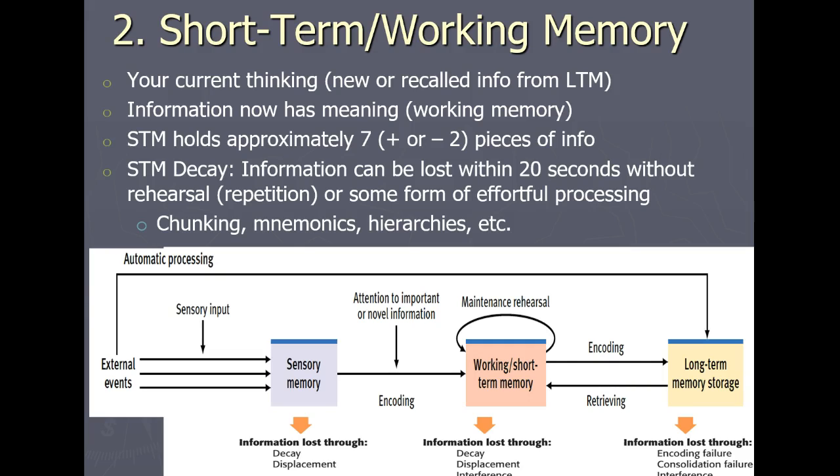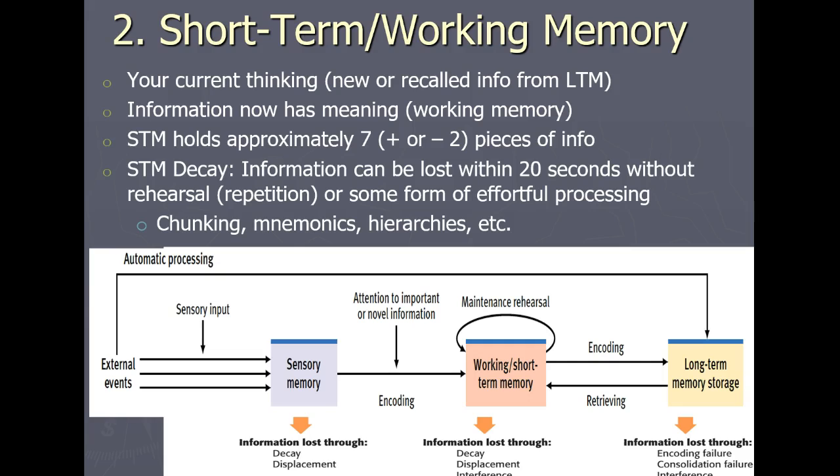The reason it didn't make sense is because a teacher could speak a sentence in class with, let's say, 15 or 20 words, and I would understand the whole sentence. It's not like I only understood the first 7 words and couldn't process the rest of it. So I got kind of confused about what this 7 plus or minus 2 pieces of information really means, and I had to check into that more out of curiosity.